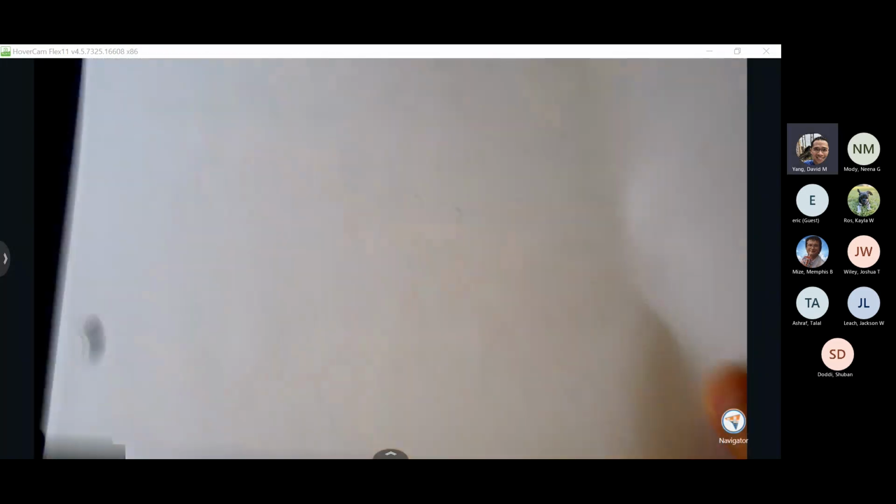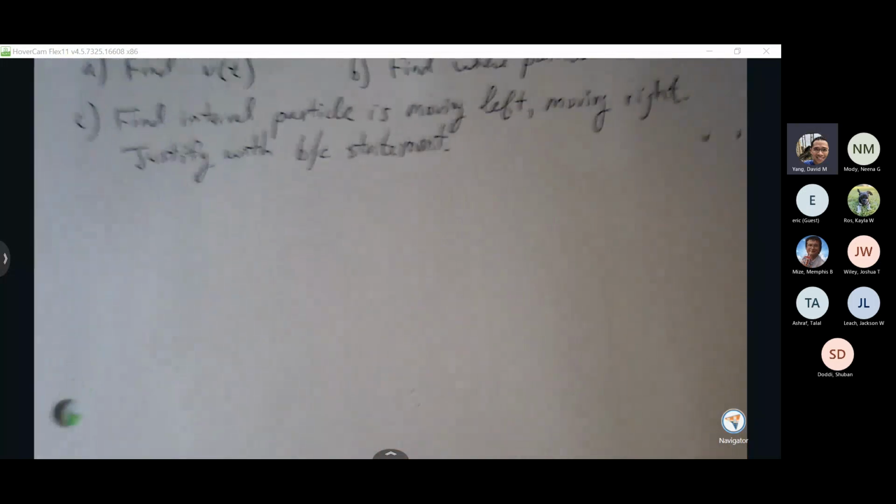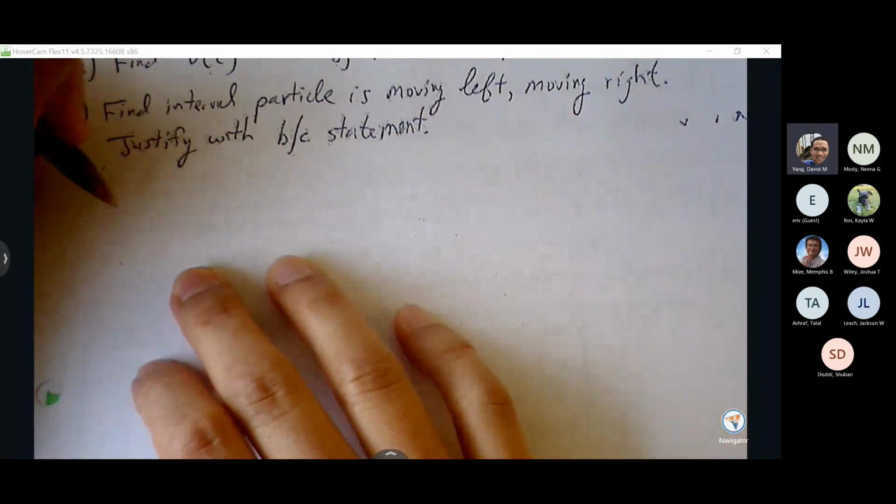Right, derivative rules. Let's see if we can recall our derivative rules. So find any blank space that you can find.